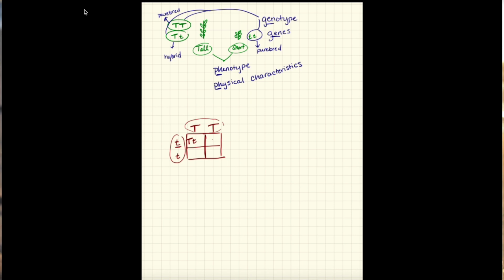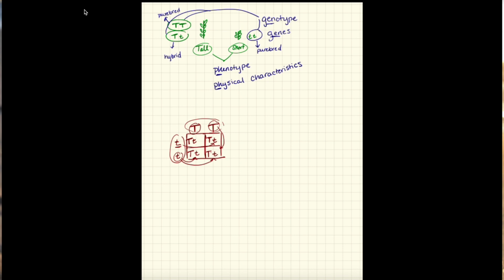Then we've got over here, capital T, then we're going to come from over here, lowercase t. Hopefully it's making sense. For this one, I'm going to take from up here, capital T, and from here, lowercase t. Then for this square, I'm going to take from here, capital T, and from here, lowercase t.